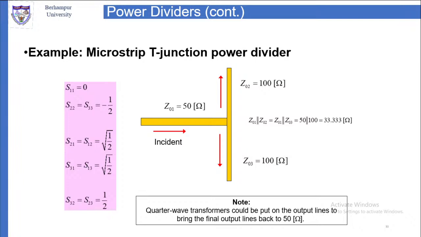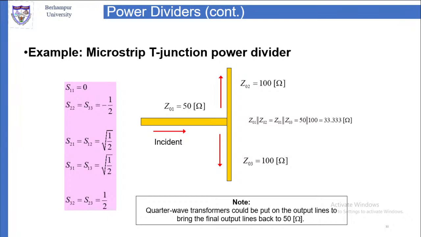So the 50 ohm transmission line here is connected to 200 ohm transmission lines which are connected in parallel at the junction. So Z01 parallel Z02 is equal to Z01 parallel Z03, that is equal to 50 parallel 100, which is equal to 33.333 ohms.